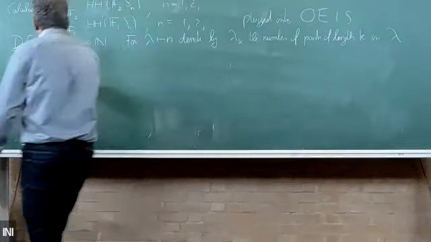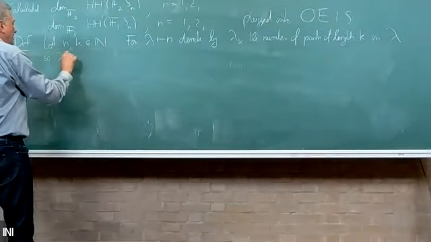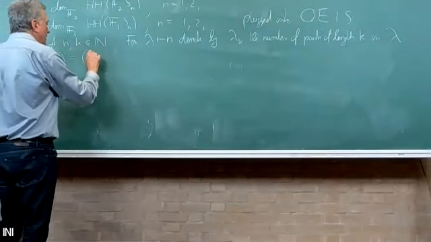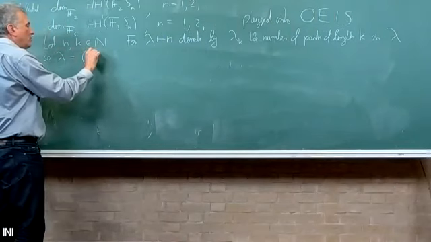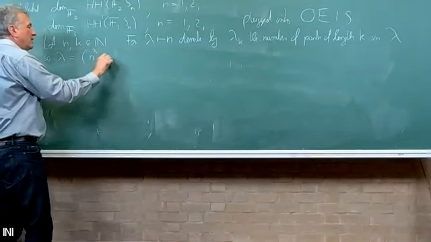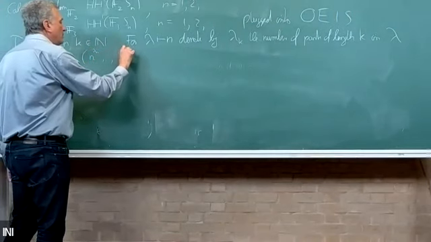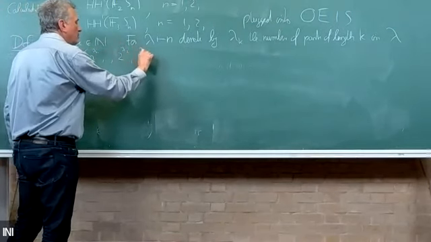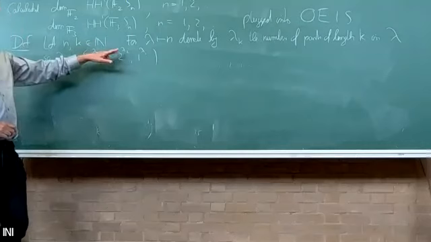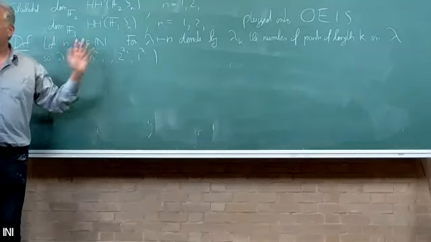In other words, lambda is: the cycle of length n appears lambda n times, etc. Then lambda 2, lambda 1, and of course the sum of the lambda i's times i has to be n. Otherwise, this makes no sense.